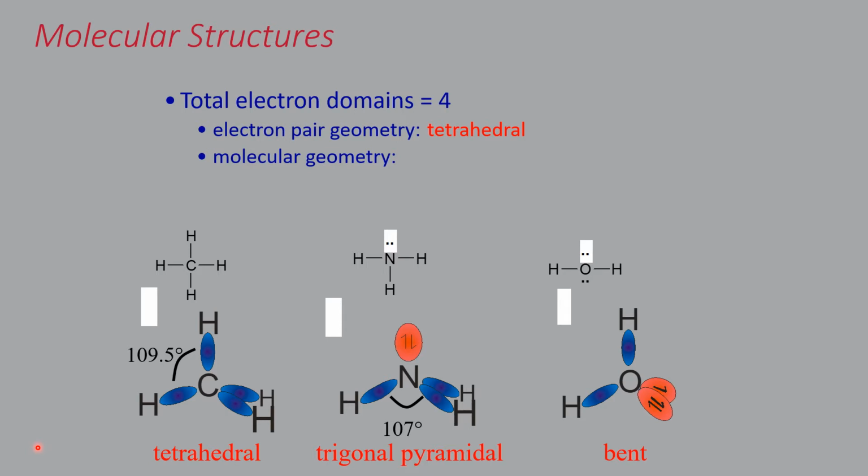So for 4 electron domains, the electron pair geometry, or the electronic geometry, is always tetrahedral, and you've got 3 possibilities for the molecular geometry. I want you to see if you can see the pattern here. When are the molecular geometry and the electronic geometry the same?